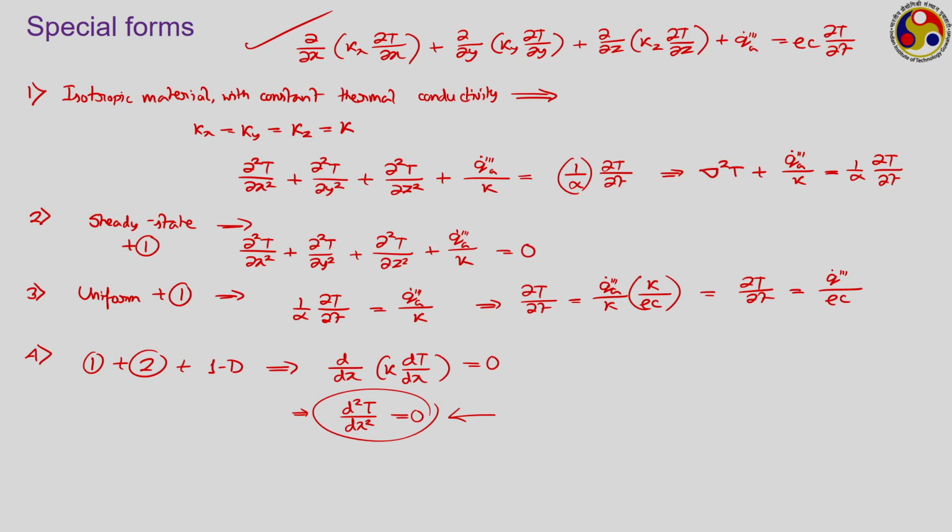We take a very simple situation, the last situation that we talked about, that is one dimensional steady state heat conduction through an isotropic material. Then the corresponding form of the heat diffusion equation reduces to dou2T dou x2 is equal to 0, just like this.